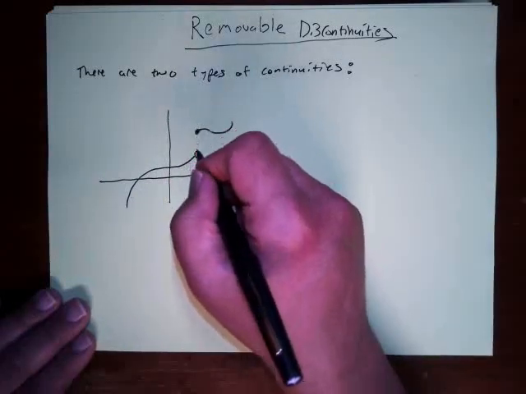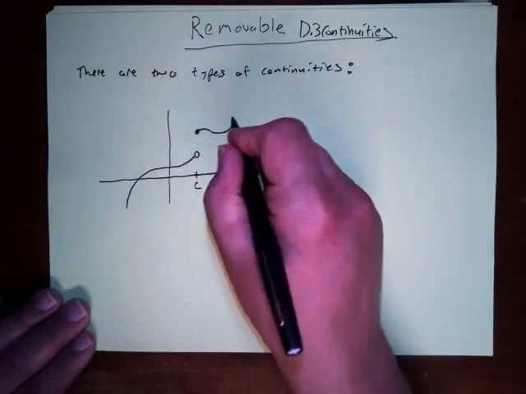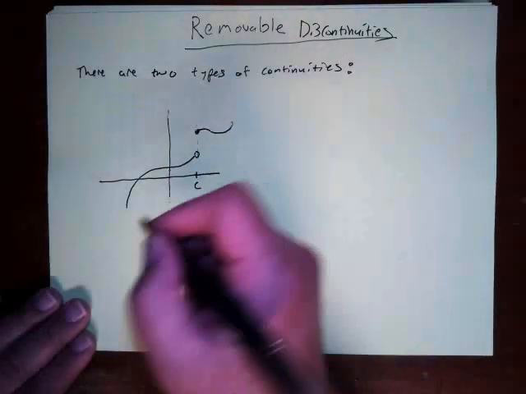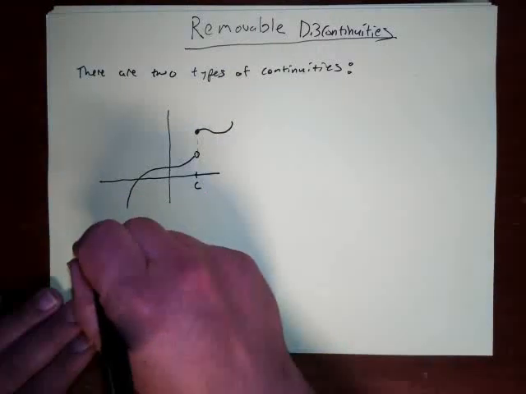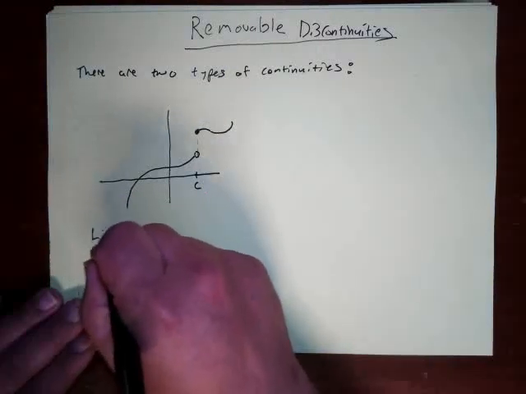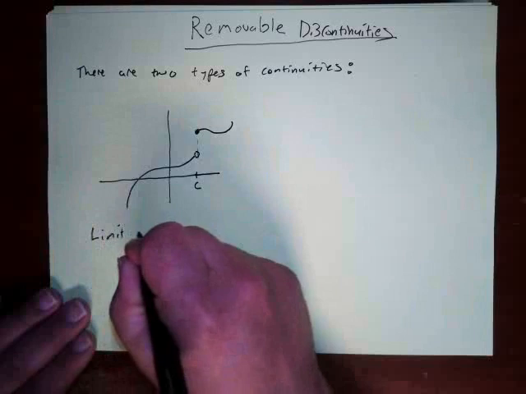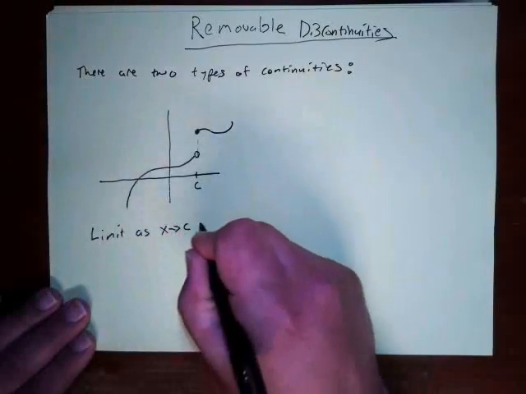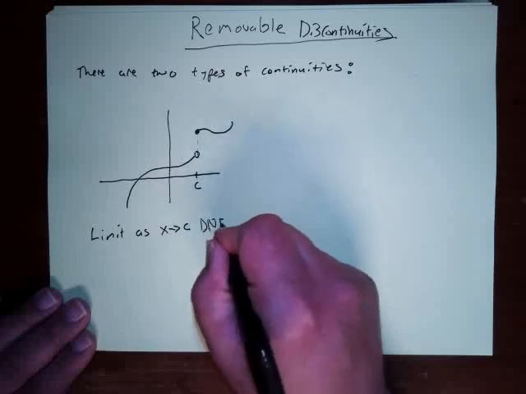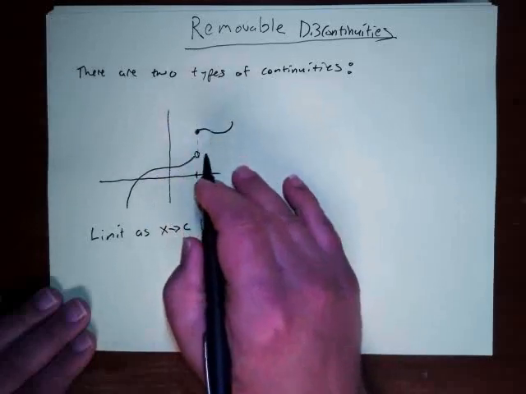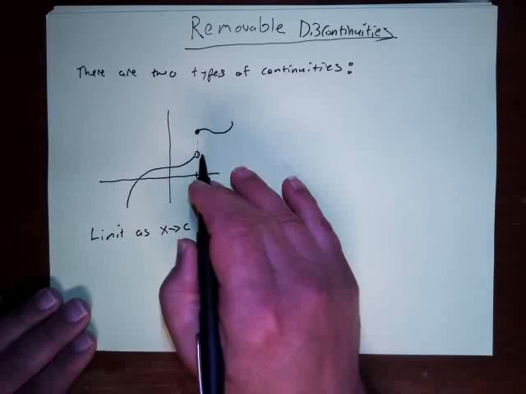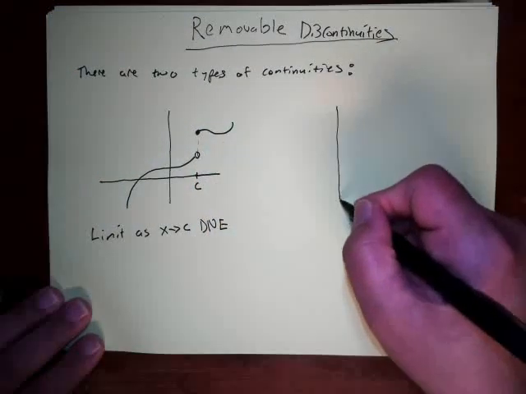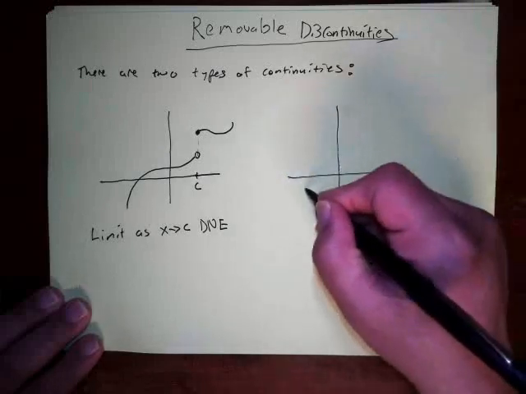What makes it not continuous here is that the limit does not exist. So it's not continuous because the limit as x approaches C does not exist. And that's what makes it discontinuous.